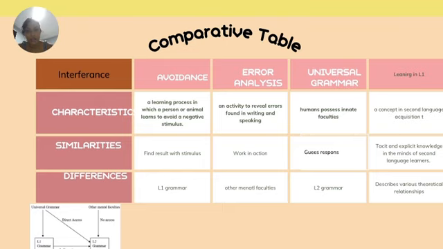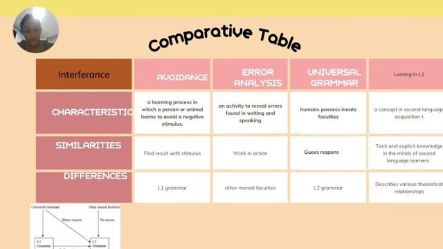We have avoidance. This is a process of the person or animal about a negative stimulus. The similarity is the result with a stimulus. The difference is the learner learns by L1 grammar. We have error analysis. The main characteristic is so relevant: error finding, writing and speaking at this point.